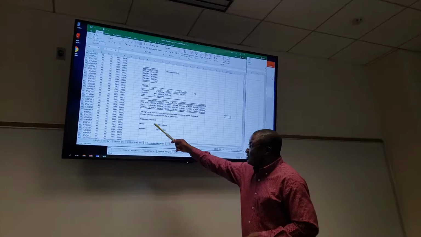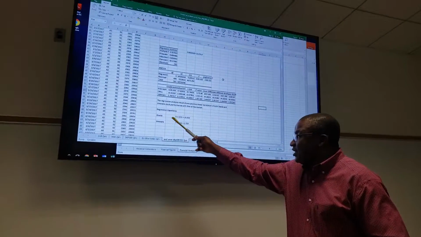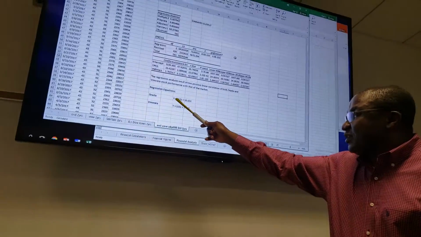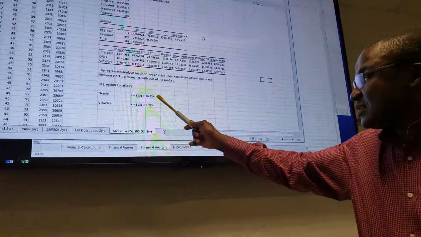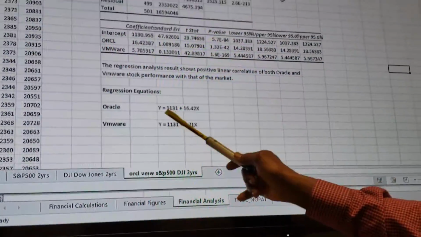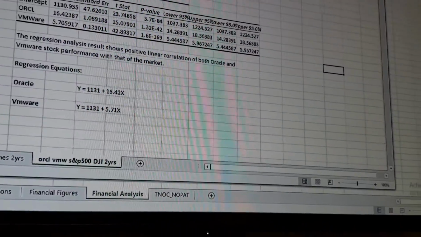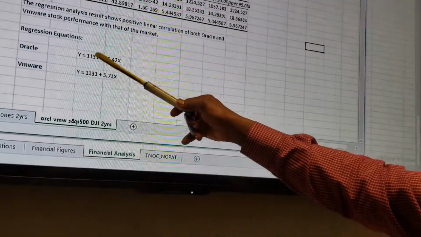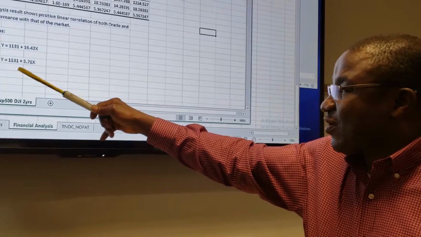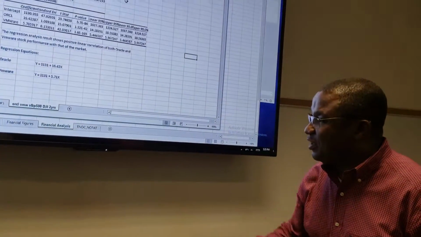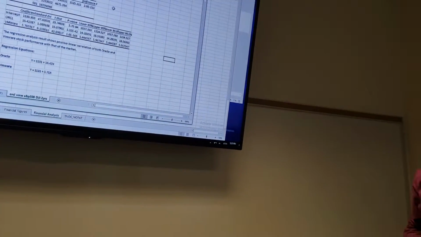From there, we generated the regression equation, which tells us that for any given value of x, this is what the y value is going to be. You can predict the price of the stock for Oracle using this equation, and also the same for VMware using this equation.